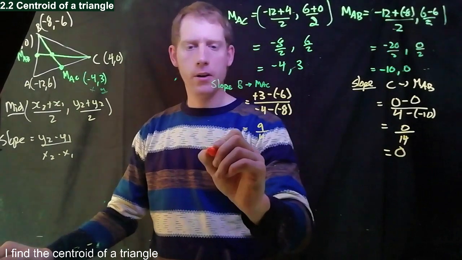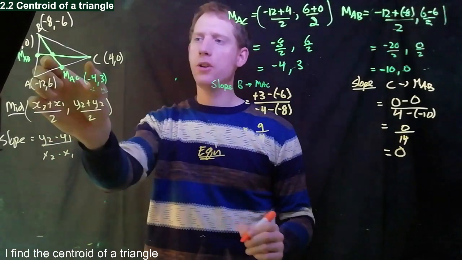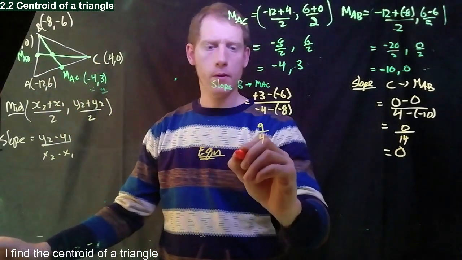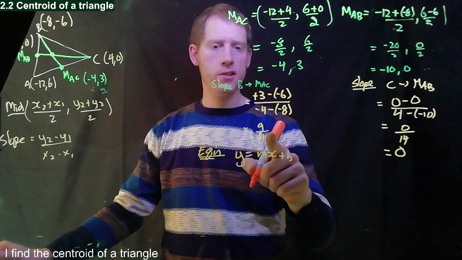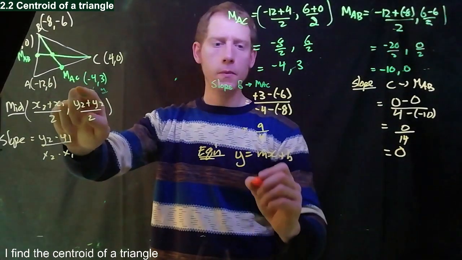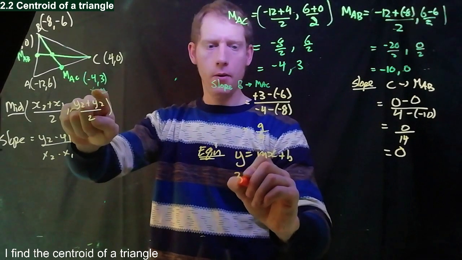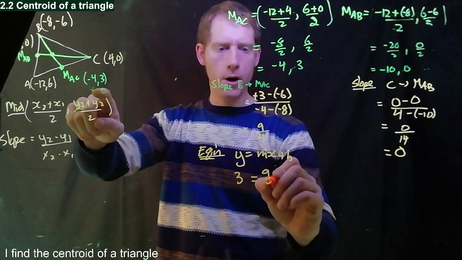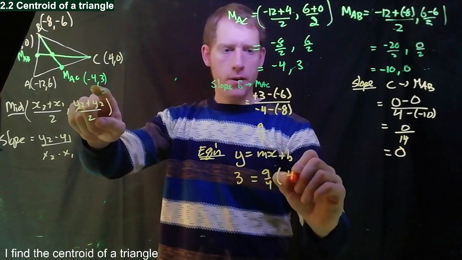You need to find your two equations. To find the equation, we know the slope, so y is equal to mx plus b. We know the slope and we know a point. So 3 is equal to the slope, 9 over 4, times your x, which is negative 4, plus b.